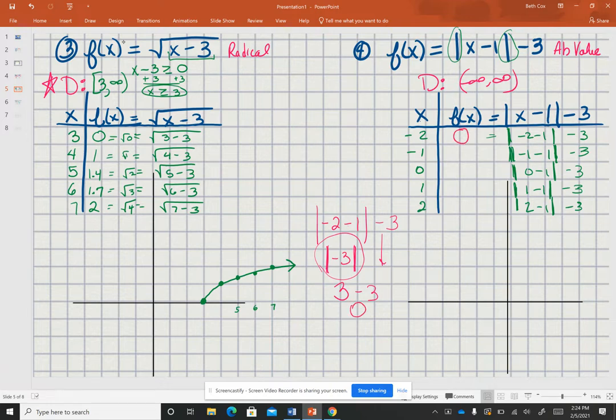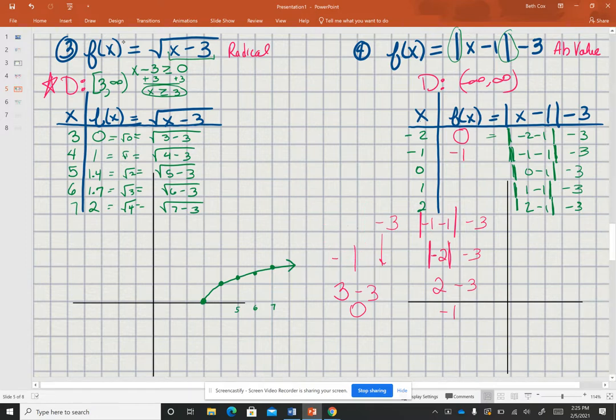So this one is 0. All right. The next one is negative 1 minus 1 inside the bars, then subtract 3. That's a negative 2 inside the bars, which becomes a 2, and then subtract 3, which is negative 1. So that's negative 1.